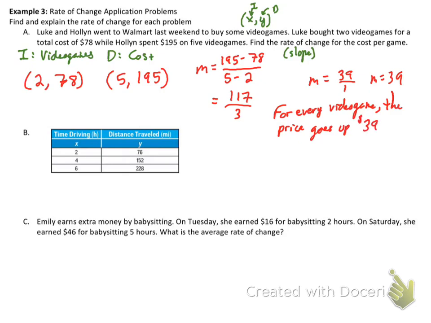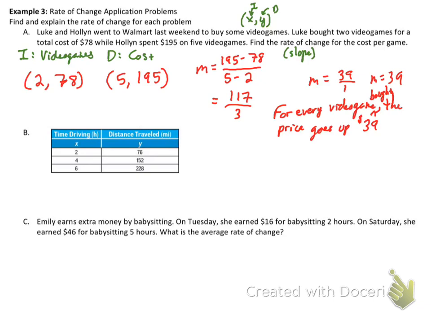Because this is saying the average rate of change is $39 for one video game. So for every video game bought, the price goes up $39.